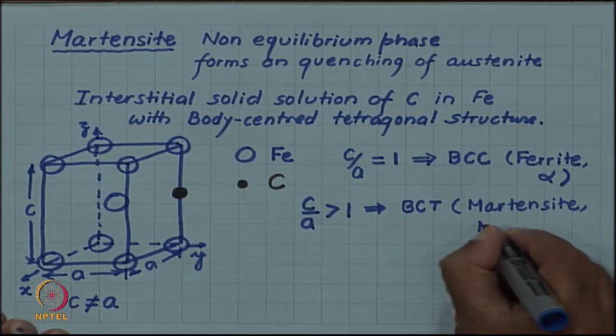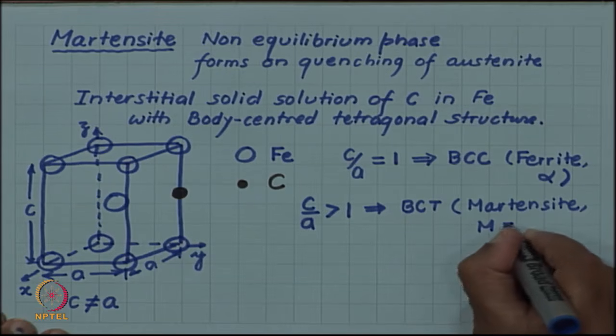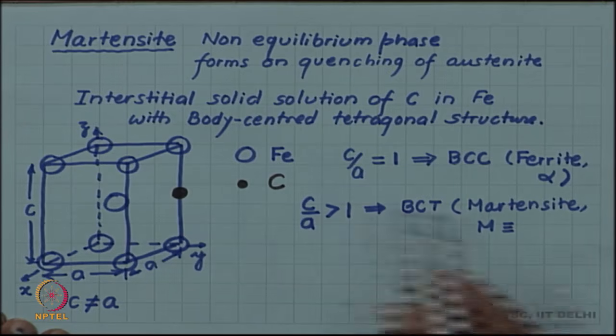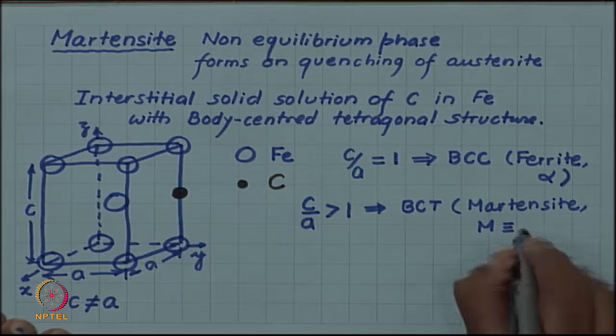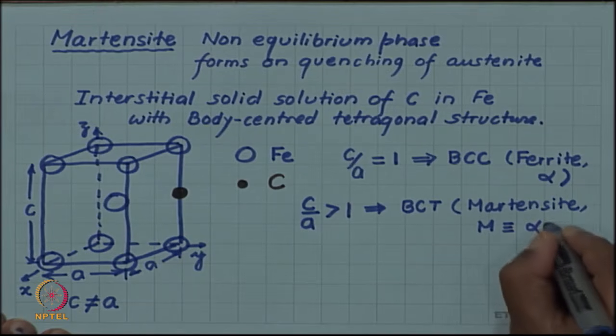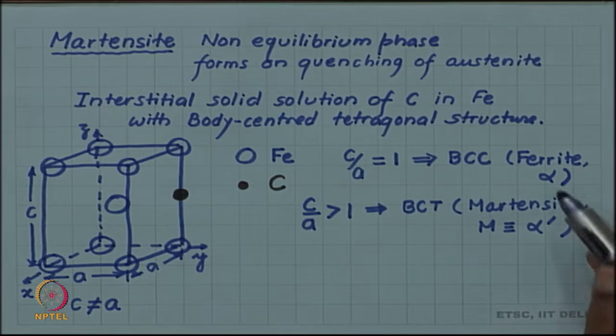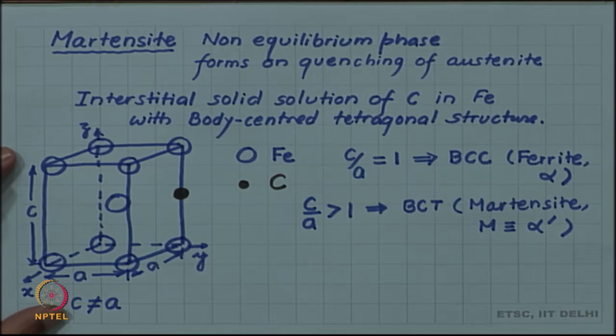I gave the symbol M for this, but because of its relation to ferrite, you can see it is a slight distortion of ferrite which will give you Martensite. So, sometimes it also has a designation alpha prime. So, alpha is BCC, alpha prime is body centered tetragonal.